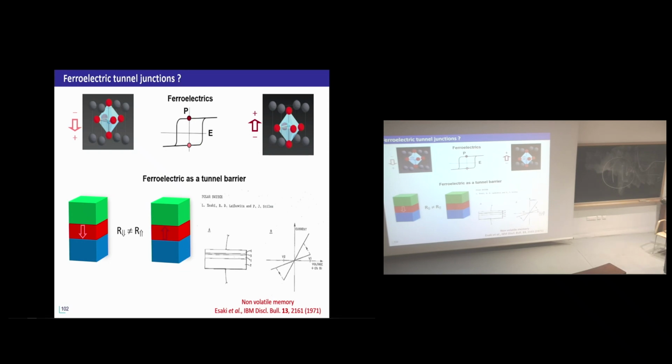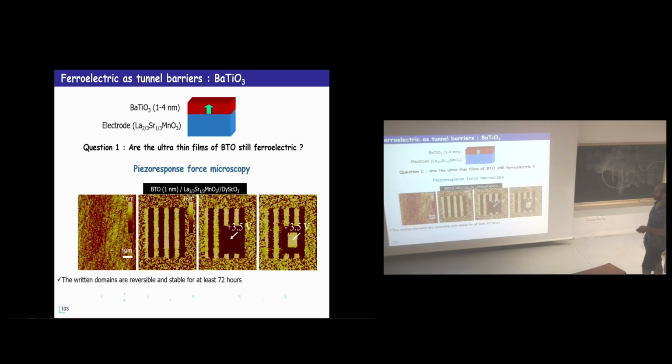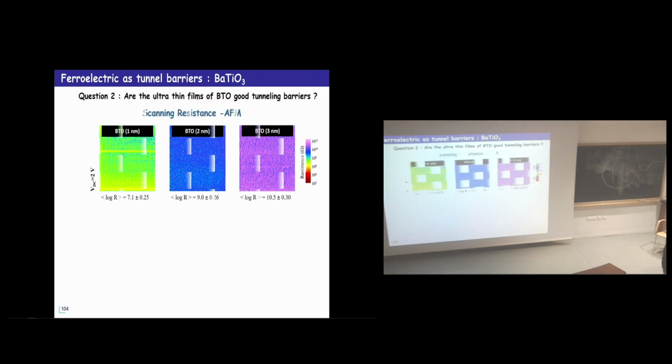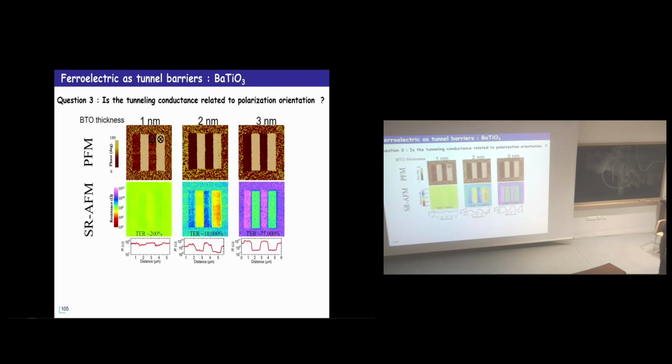Okay, ferroelectric tunnel barrier. This effect was predicted in the 70s by Leo Esaki, very famous guy, and he said maybe if we can make a ferroelectric tunneling barrier thin enough, we can have a different resistance state. So I go faster. Okay. Sorry, guys. But this is the answer.